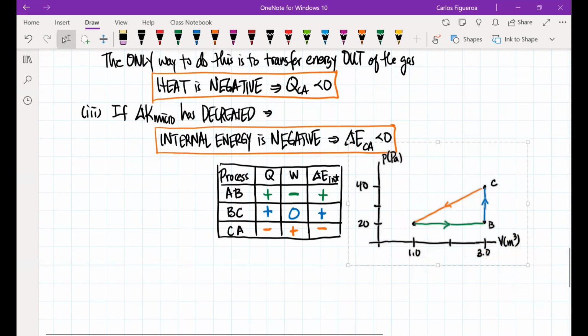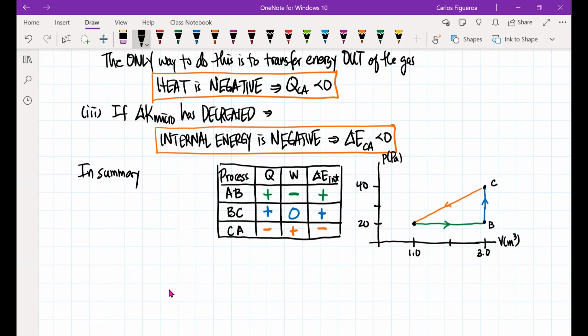When I look at this, I can say that in summary, I have all my signs, and this tells me that here I have to have heat that goes in, here I have to have heat that goes in, but over here I have to have heat that goes out.